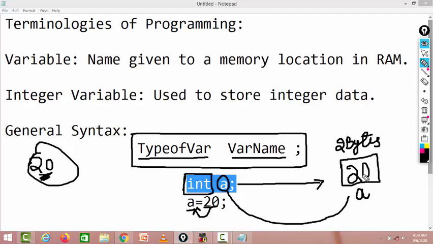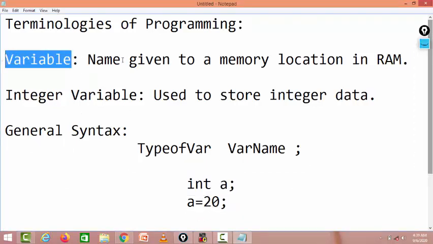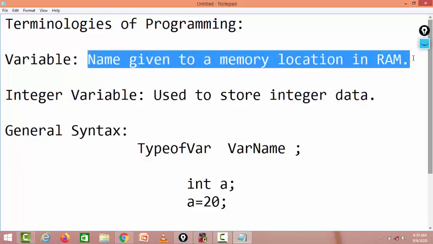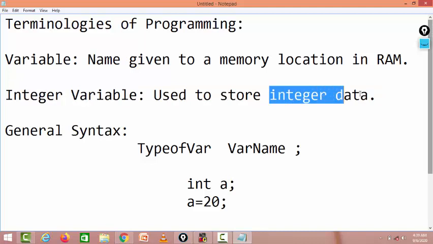We will study some of the concepts later on, but till this point you have studied what a variable is. A variable is a name given to a memory location in RAM. As we discussed in the previous part, the types of data are integer, float, and character. In this case, we are taking the integer variable that is used to store integer data.